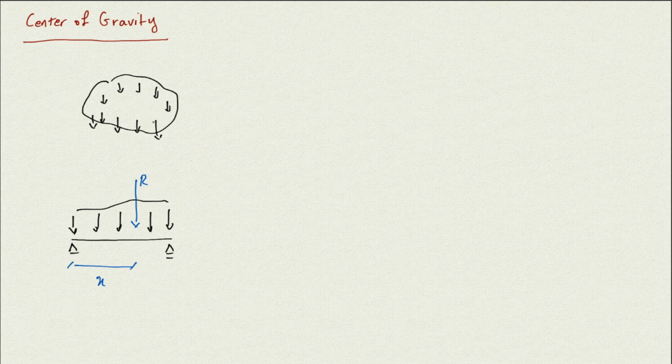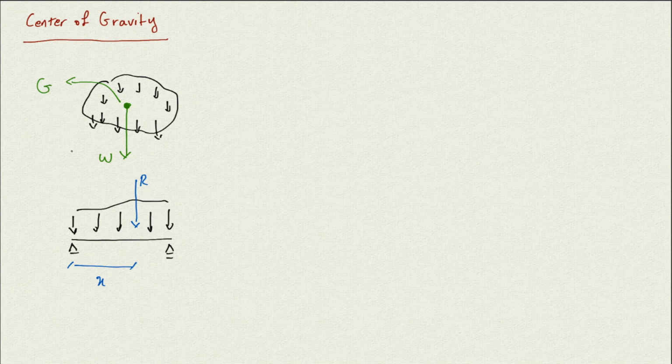So the weight is applied at every particle of the object, and the resultant of all those vertical forces, the forces applied by gravity, is going to be the weight. Then we have the weight of the object, and the point where that force is applied, and we will call that the center of gravity.